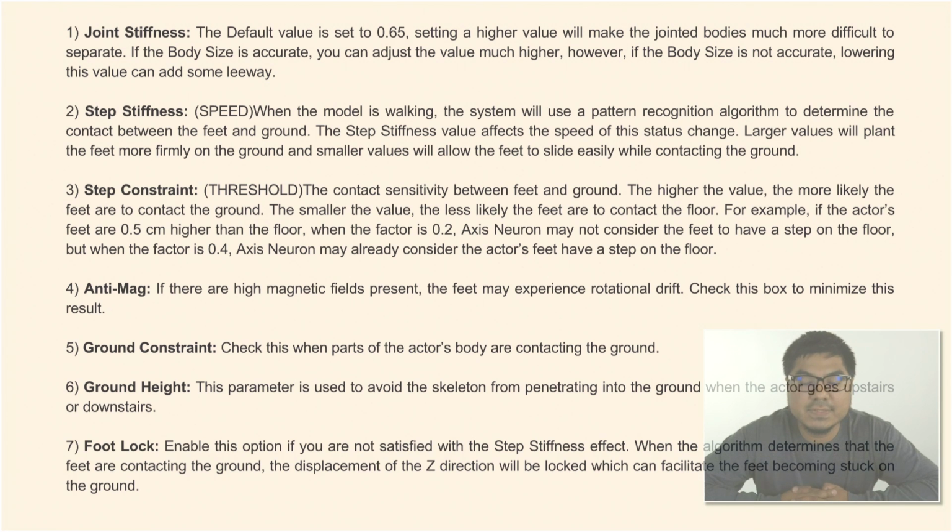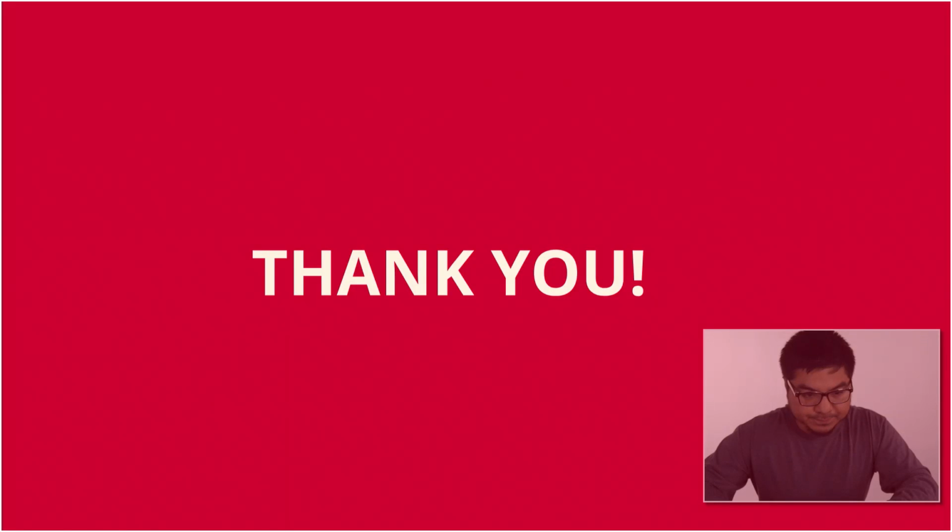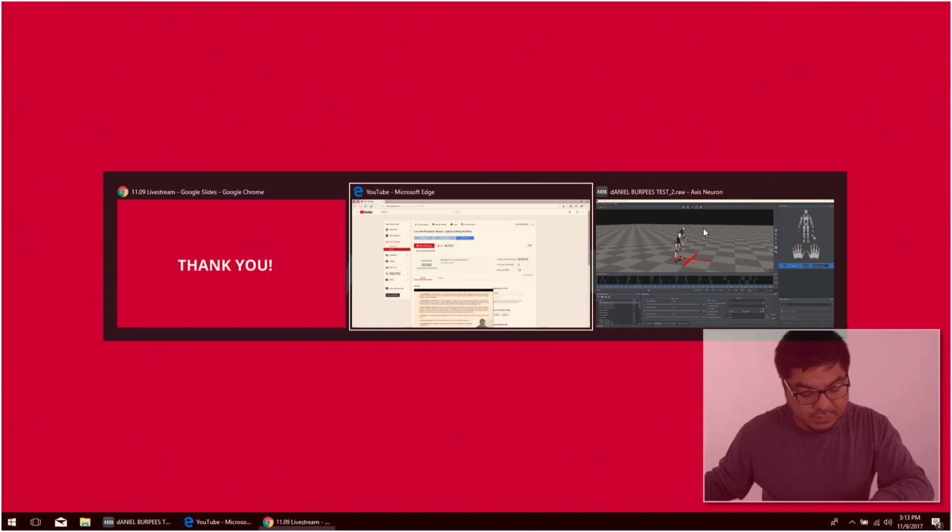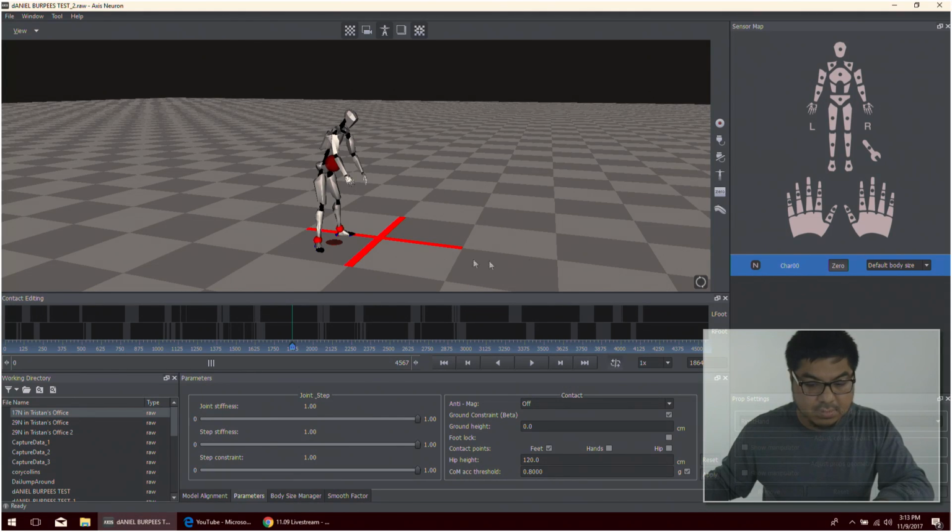Parameters is very important because it's the process that you do before you record, and then after, in case you need to edit something. I'll sum it up for everyone in this little video so that everyone can understand what's going on here. So let's jump into Axis Neuron.